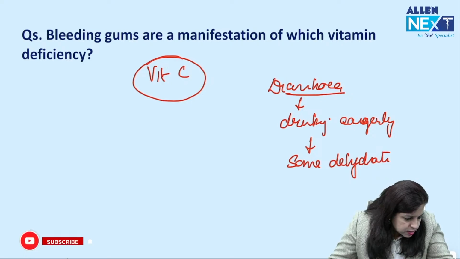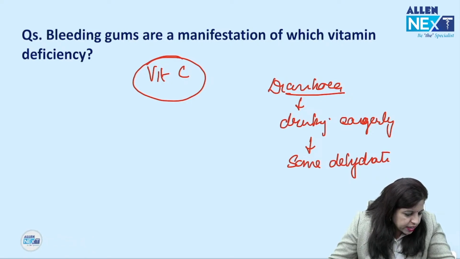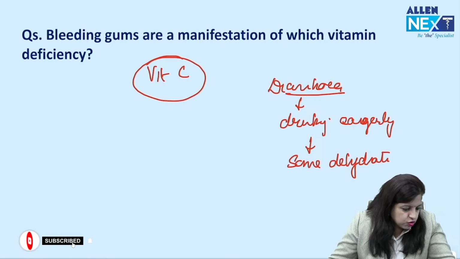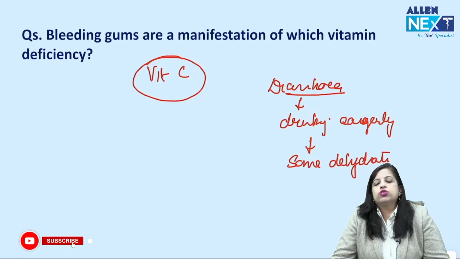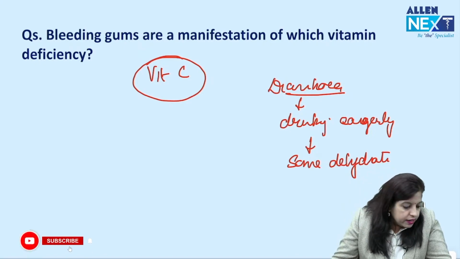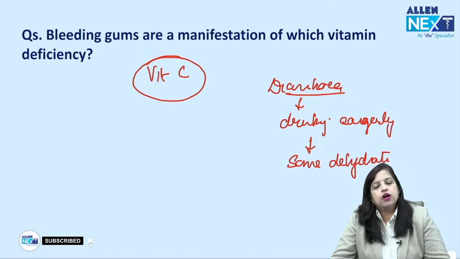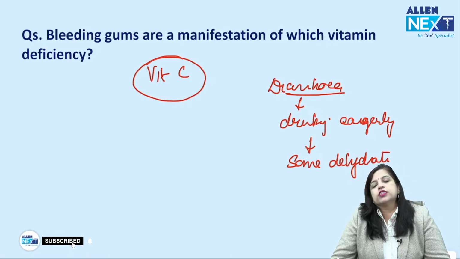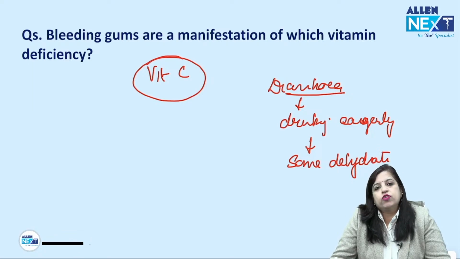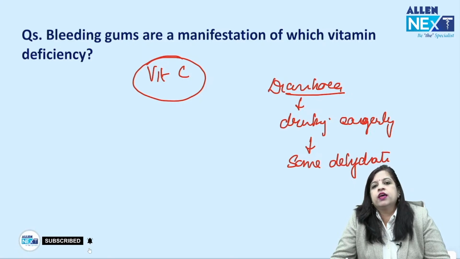Is there anything else? Can you help me with this? The question was on diarrhea, dermatitis with a necklace pattern, along with glossitis also. It was asked about deficiency of which vitamin. Okay, so Dr. Subham has made it clear that there was a question on diarrhea, dermatitis with a Casal necklace pattern, and glossitis also. Of course glossitis can happen with niacin deficiency. It asked about which vitamin, so then you have to go for niacin deficiency, because diarrhea, dermatitis, the 3Ds, are a feature of niacin deficiency, right?